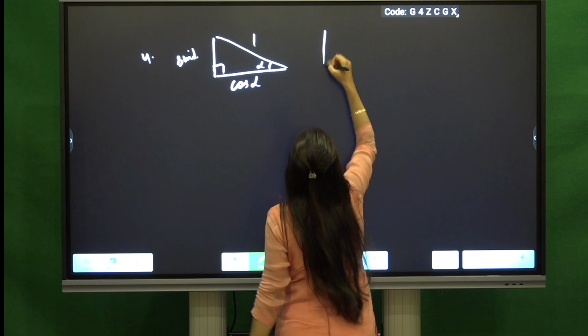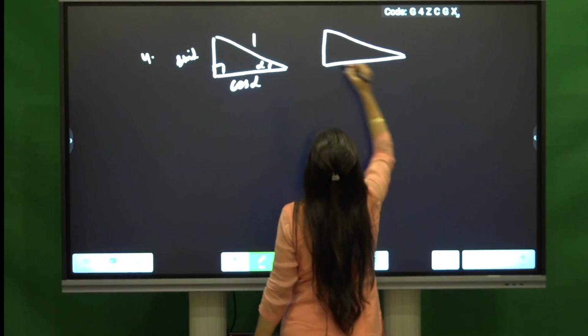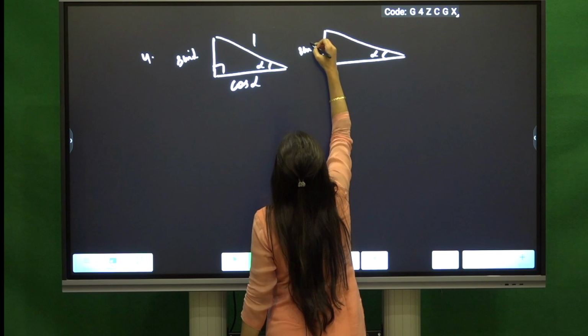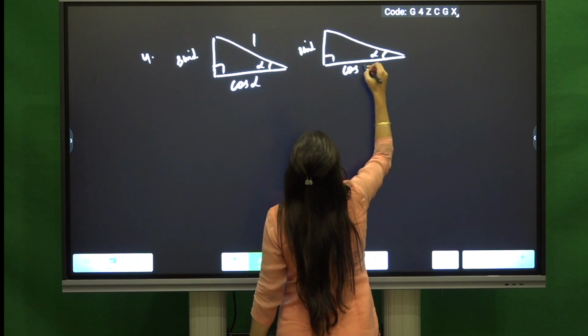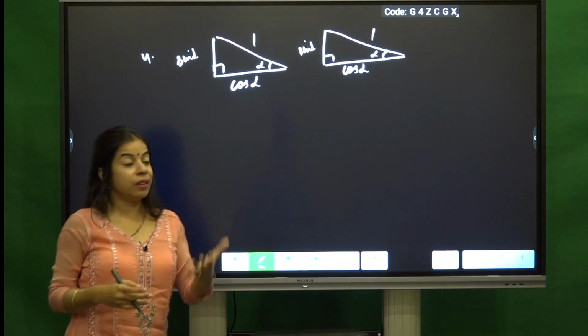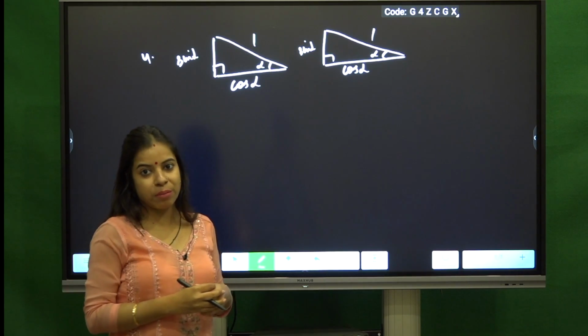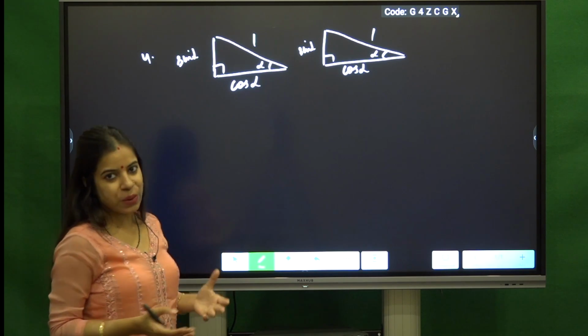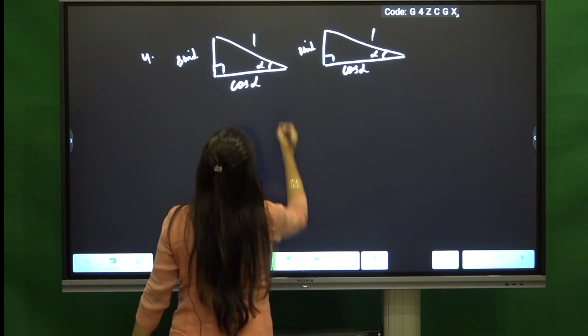And let me take another triangle with the same measurements. Okay. Now let us with the help of this example find the formula for sin 2 alpha, cos 2 alpha and tan 2 alpha. Okay.